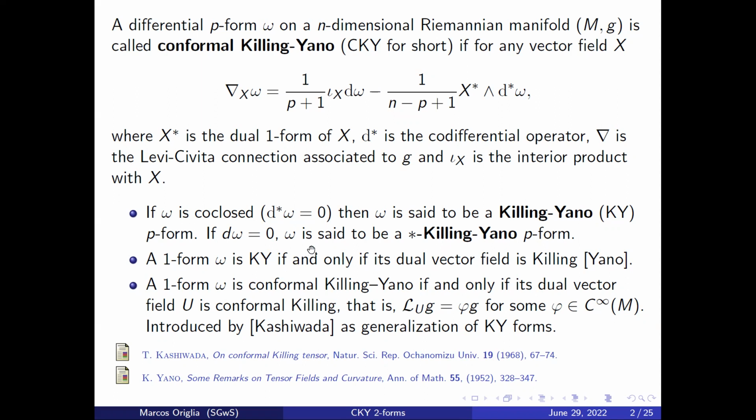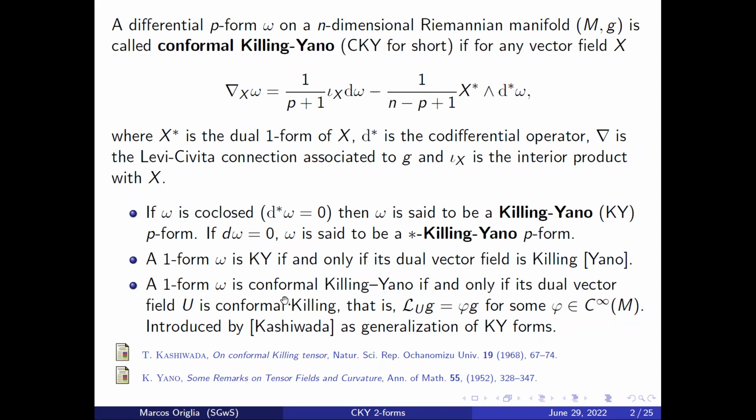And also there is a generalization of the well-known Killing vector field. In the case of one-forms, ω is a Killing one-form if and only if its dual is a Killing vector. This appeared firstly in Yano's paper in the 50s, and then we have the generalization to conformal Killing vectors.